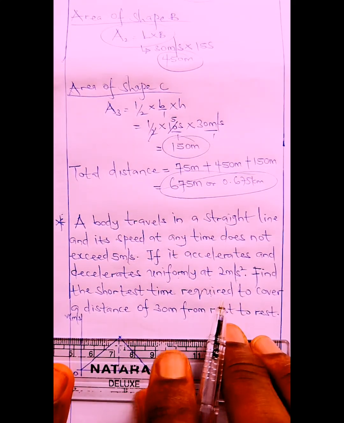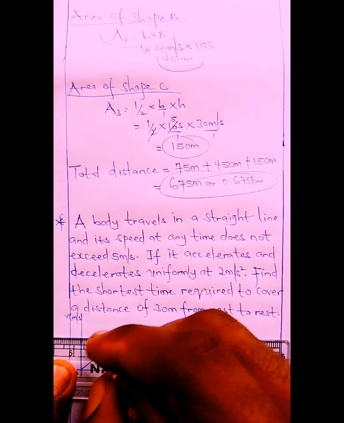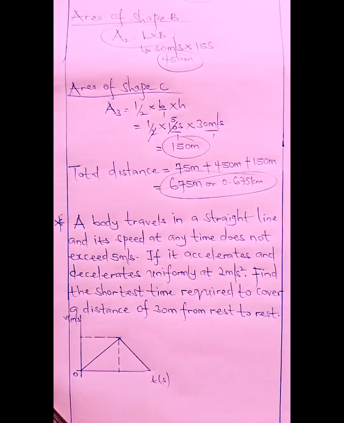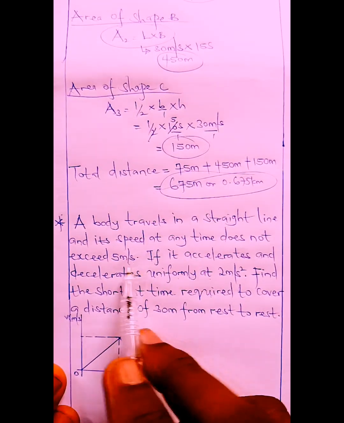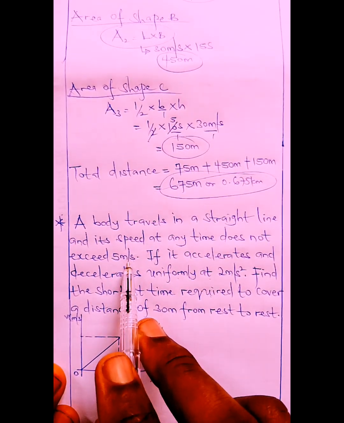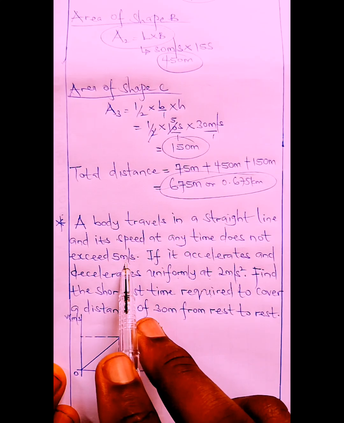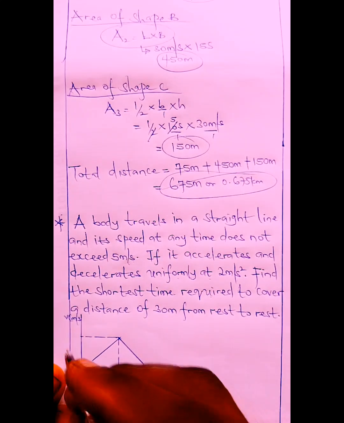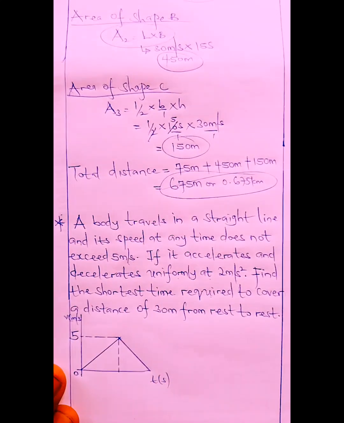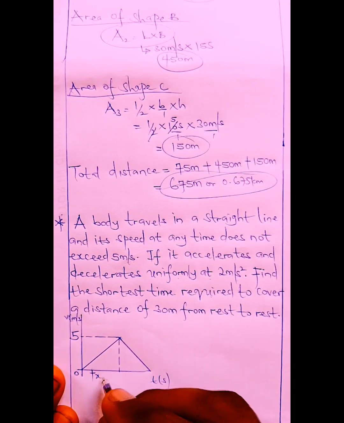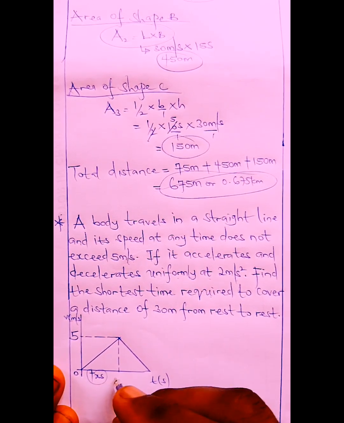So the body took some time to accelerate, and when it accelerates, it has a max speed of 5 meters per second. The speed attained did not exceed 5 meters per second. How long did it take? We're not told. Just assume it took x seconds.